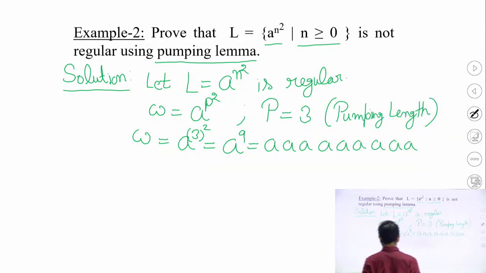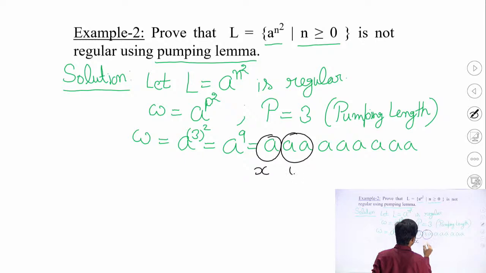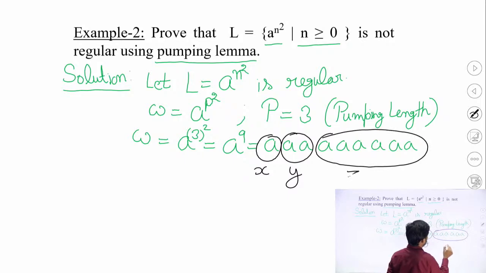Now let's suppose this a equal to x. We can divide any way; I am just dividing one way. You can divide any way such that all the conditions will be satisfied. So a equal to y and 6 times a equal to z.